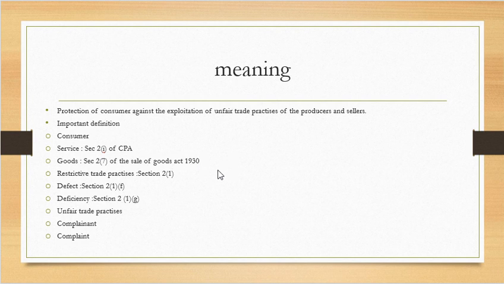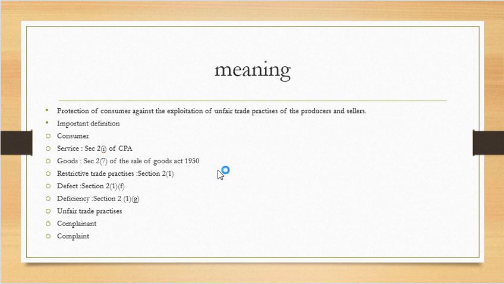It just means every kind of movable property other than actionable claims and money, and includes stocks and shares, growing crops, grass, and things attached to or forming part of the land which are agreed to be severed before sale or under the contract of sale. So basically, goods mean anything which is movable, which is involved in a transaction or a contract of sale according to the Sale of Goods Act 1930.